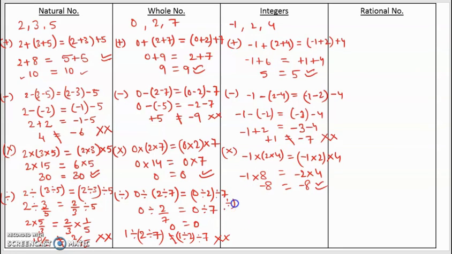For division, (-1 ÷ 2) ÷ 4 should be equal to -1 ÷ (2 ÷ 4). Let's simplify this. So -1 by 2, divided by 4, should be equal to -1 divided by (2 by 4).